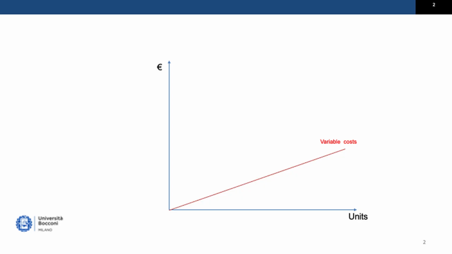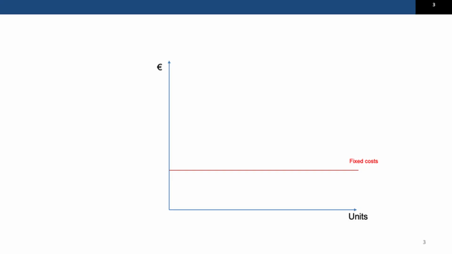The variable costs are the line with a specific slope that you can see. It starts from the origin of the axis, because if we don't produce any unit, we will not have any variable cost. Variable cost increases as the production of units increases too, because this is the definition of variable cost. The fixed costs are represented with a line that is horizontal, parallel to the horizontal axis of the units, because the fixed costs do not depend on the units that are produced.